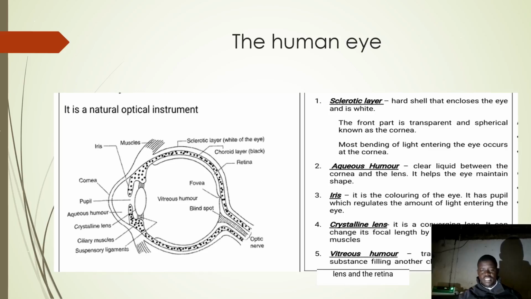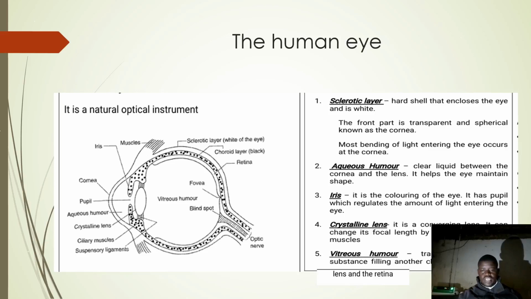So it means a lot of refraction takes place at this point. Then we also have the aqueous humor. So this is just a clear liquid between the cornea, as you can see, and the lens. So it helps maintain the shape of the eye.